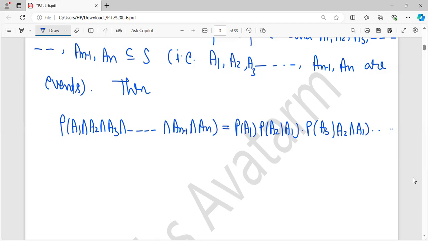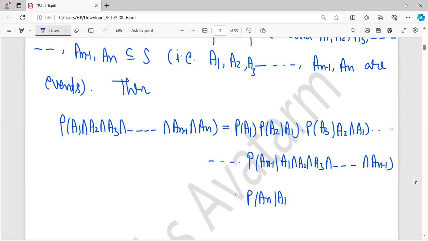Okay, like that the product goes up to P of An minus 1 relative to A1 intersection A2 intersection A3 intersection up to An minus 2, and the last one will be P of An relative to A1 intersection A2 intersection A3 intersection up to An minus 1.